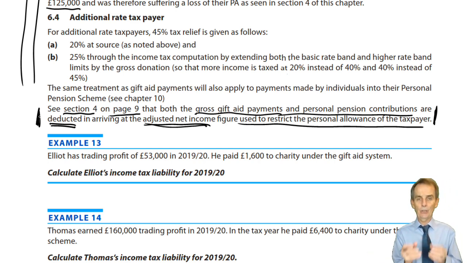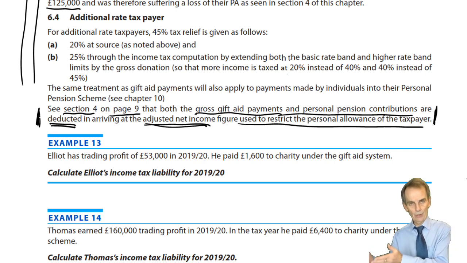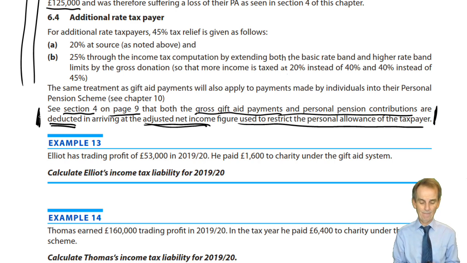So that must be done first to determine the personal allowance. Then when you come to your tax calculation, remember to extend the relevant limits for the higher rate taxpayer and then in turn for the additional rate taxpayer.